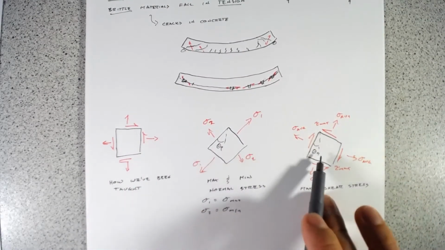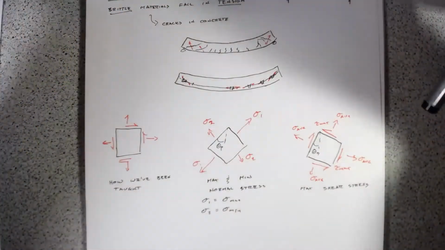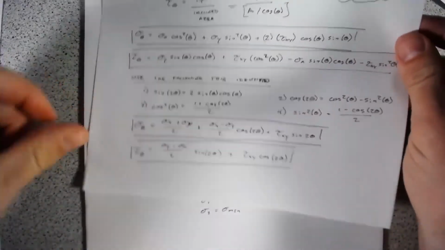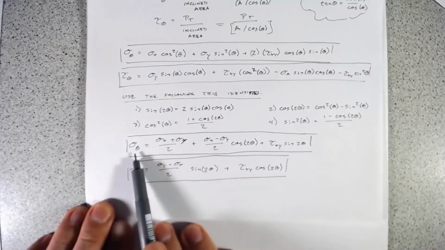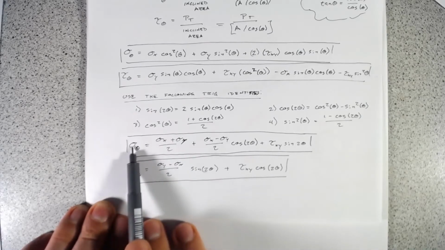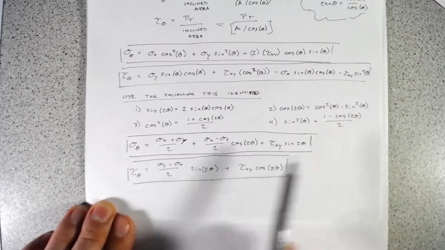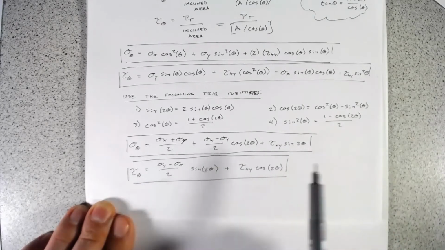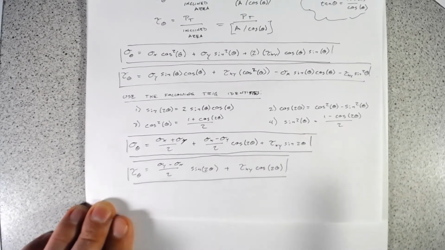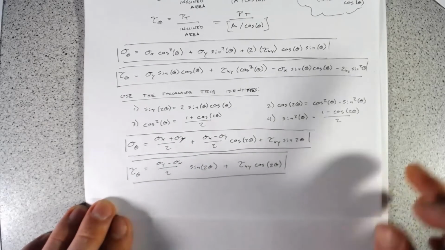If we want to find the angles at which they occur, we can take these equations, sigma theta and tau theta. We can find the derivative of sigma theta and set that equal to 0. We can find the derivative of tau theta and set that equal to 0. And then we know the orientation at which these will occur.